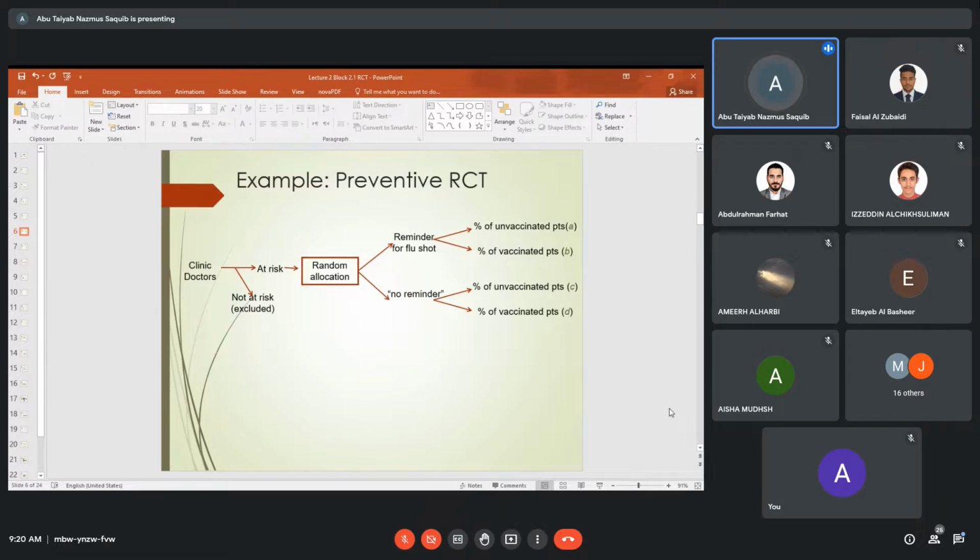But as you know, telling people one thing and doing another thing is a completely different matter. So you are the doctor in the Al Qasim region in Bukharia. So you want to do an experiment.